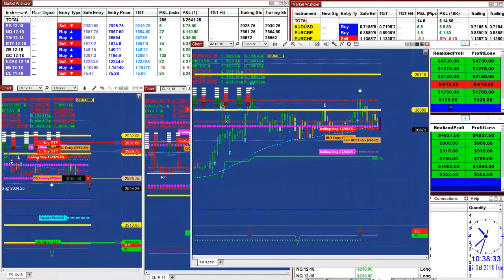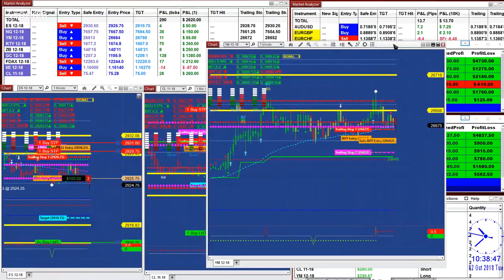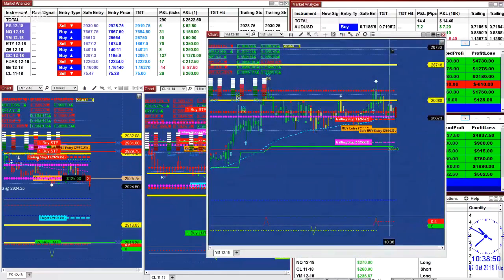Yeah, Merry Christmas. So it is very important now to see this YM penetrate the 662 level. It is really key right now. It's going to change the whole market momentum. Very critical areas right now.